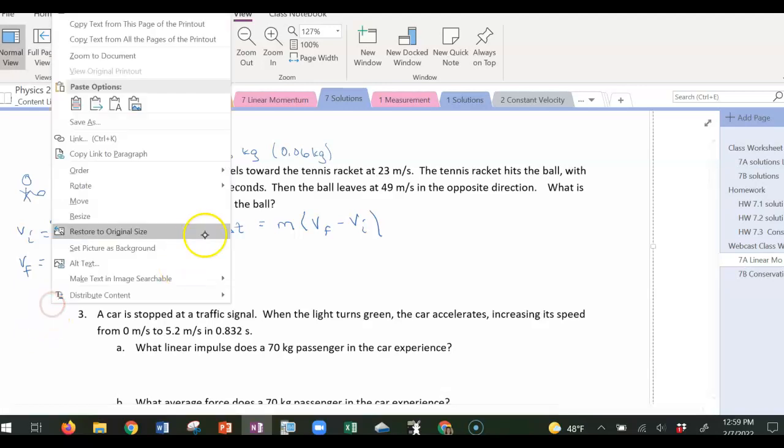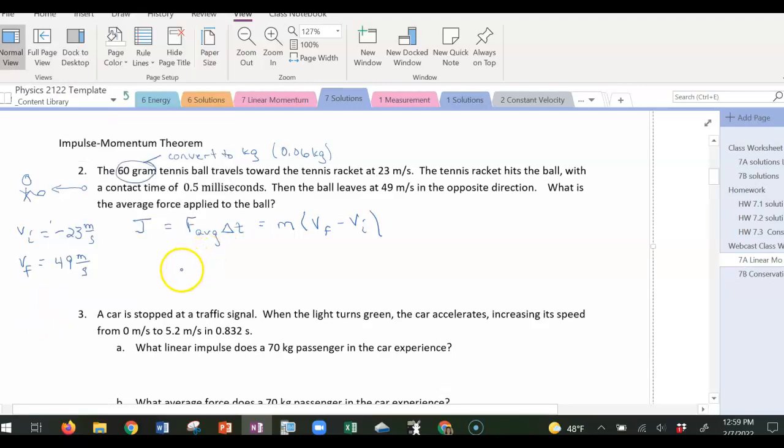It gives me the elapsed time, but I'm trying to solve for the average force.